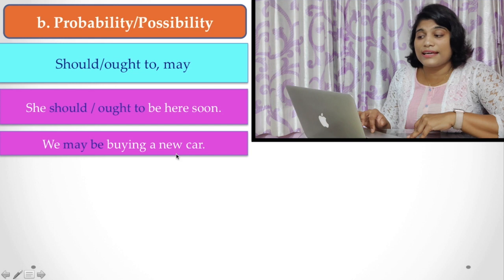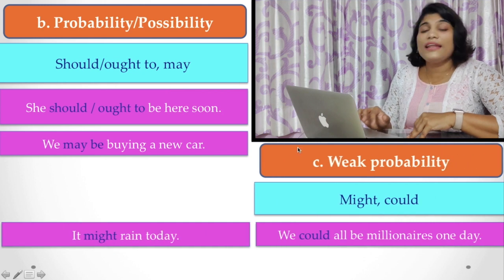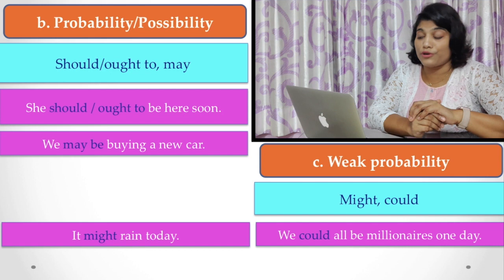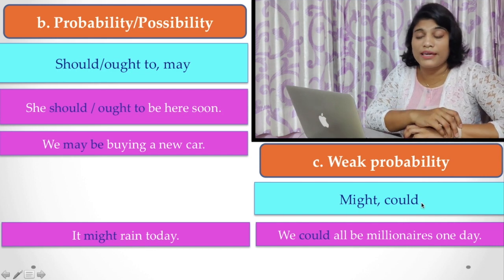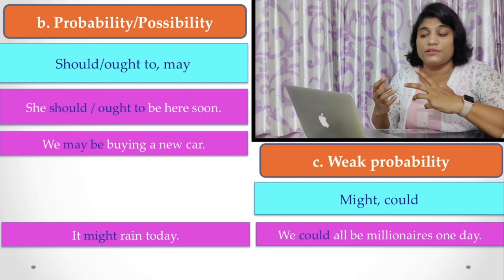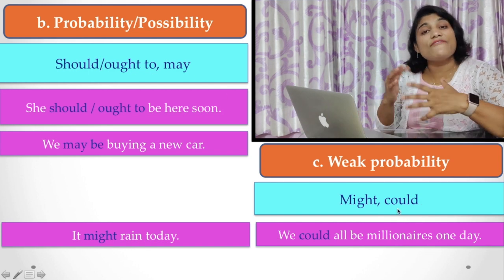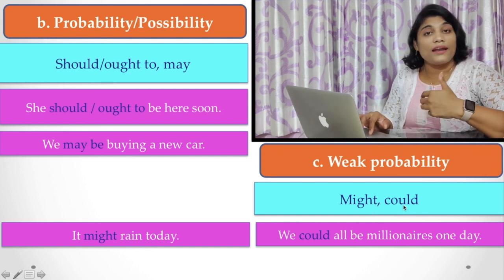All these cases refer to probability or possibility. Similarly, in case of weak probability or weak possibility, we also use modal verbs like might and could. But remember one thing here: if it is a strong possibility, we can use may, ought to, or should. But if it is a weak possibility, we have to use might and could.